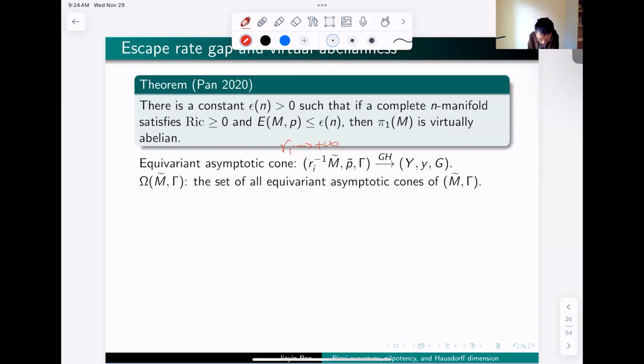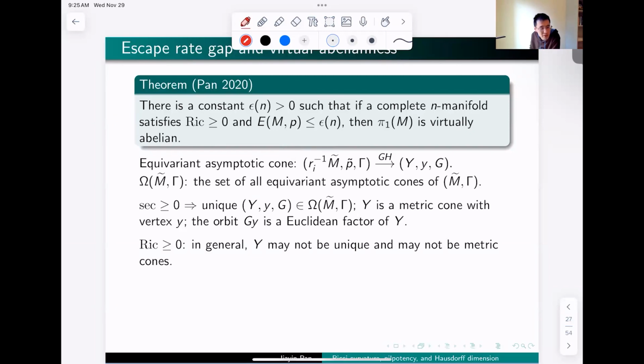Now, one of the difficulties here is that, in general, this limit is not unique. Even the space Y is not unique, and then the group action surely can be non-unique as well. So we're going to take all these equivariant asymptotic cones together, and we call this Omega(M tilde, Gamma). Just take all the possible equivariant asymptotic cones.